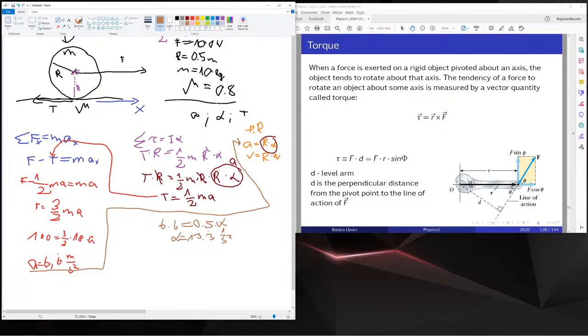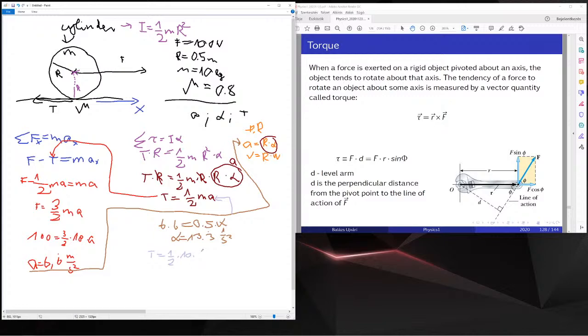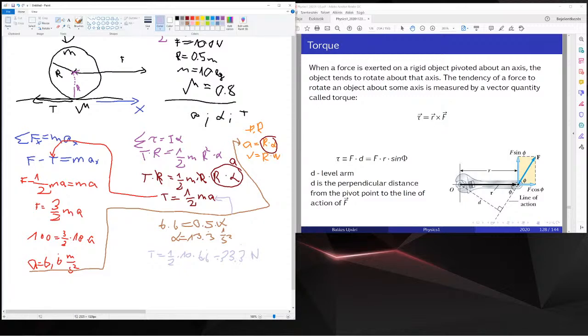And next step is go with the a here. T equals 1 over 2 times 10 times 6.6 equals 33.3 Newton.